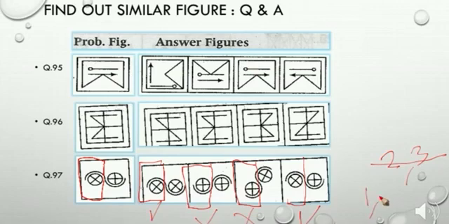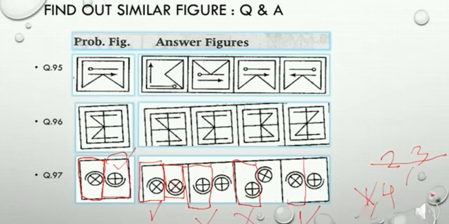Option 1 and 4 we need to check again. Let's check the other part, the right hand side part. We are checking this right side portion. This is not the same. This is a cross sign, this is a plus sign in the problem figure, a mismatch.